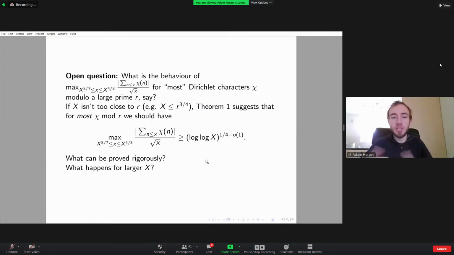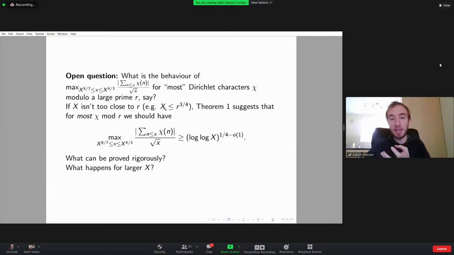A lot of work has been done on the maximum size of partial sums of Dirichlet characters, but usually when we talk about the maximum, you mean the maximum over characters. So you try to find some peculiar characters where you get large values. That's not what I'm asking here. I'm asking what happens for most characters, just by varying the endpoint of the sum.